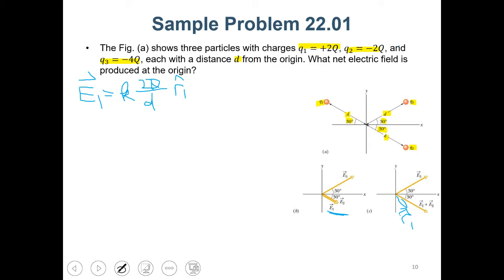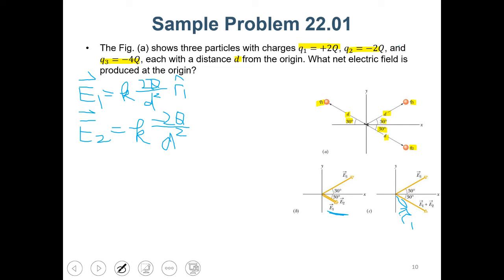And for E2, it is still K, but here minus 2Q, and the distance is still D squared.